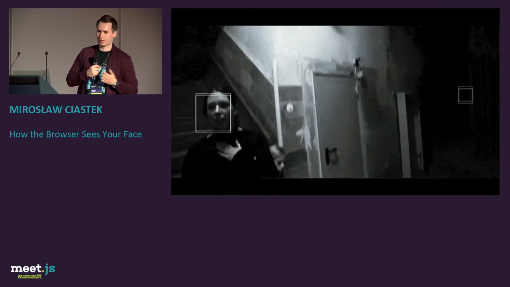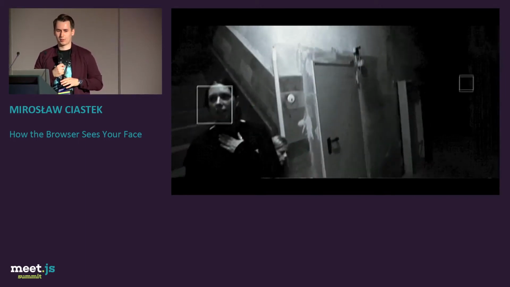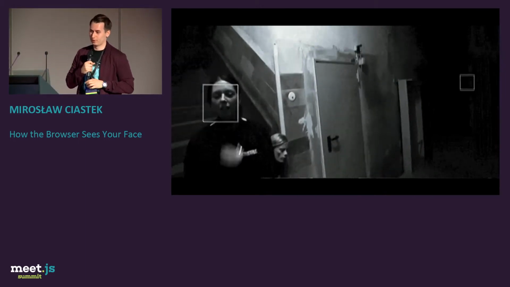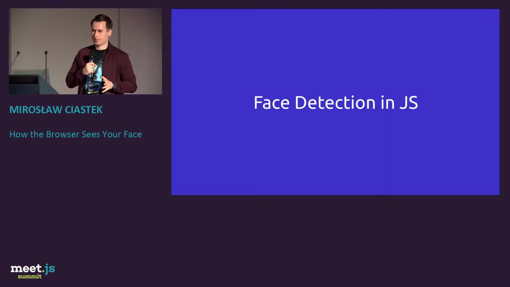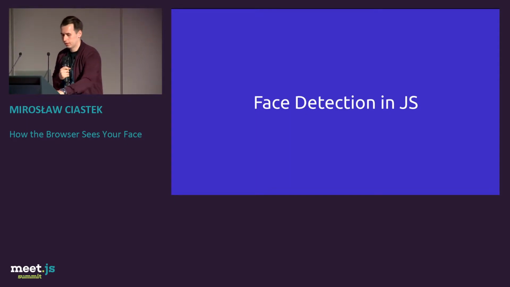So we talked about accessibility. We need to also care about the health of our users. So let's go back to face detection in JavaScript, because that's a JavaScript conference, and I decided to show you how to do it in this language.